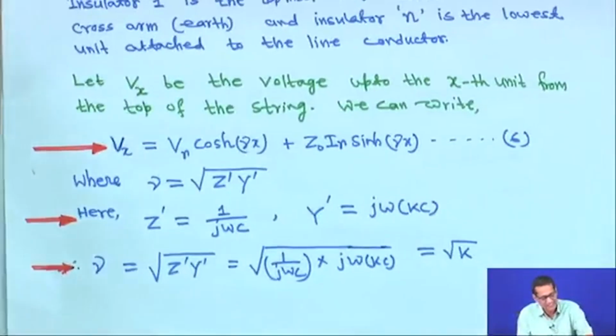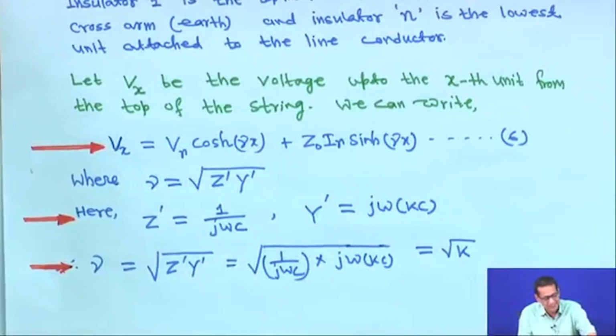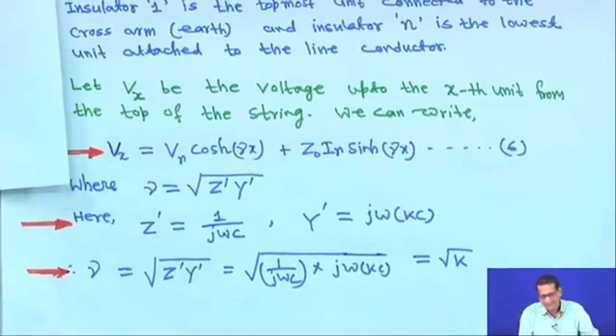Another thing is that the end is short circuited, that is the tower end, so we take the receiving voltage VR equal to 0.